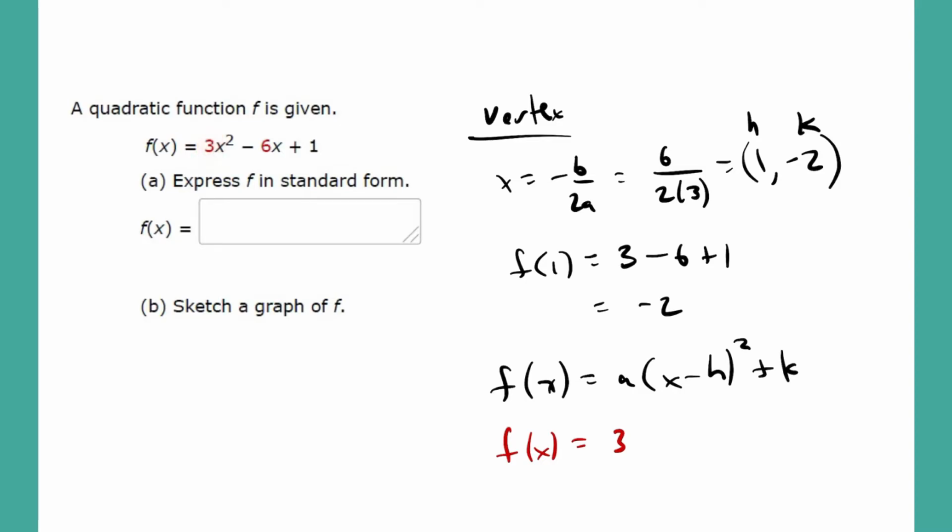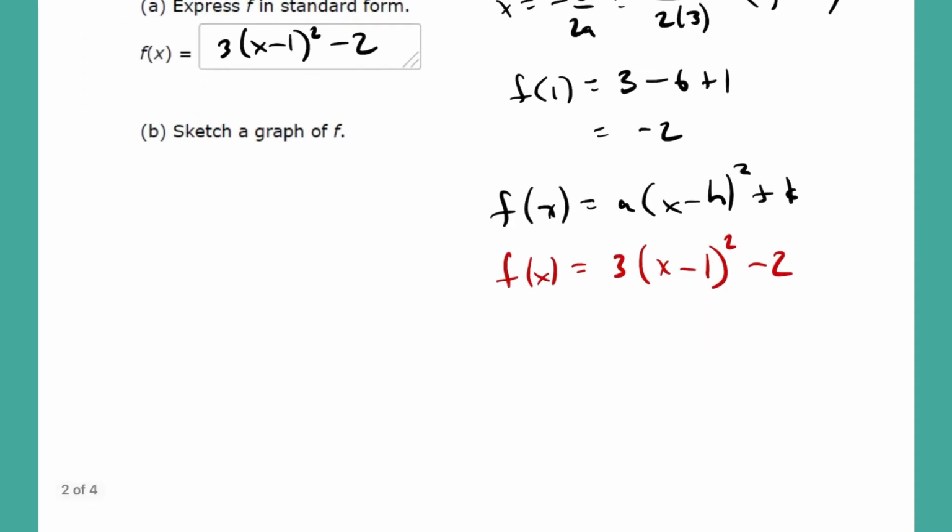A is 3, because it's the same coefficient as this a, and then x minus h is x minus 1, and then k is negative 2, so that should be minus 2. So that's 3 times x minus 1 squared minus 2. And then the sketch will look like this.